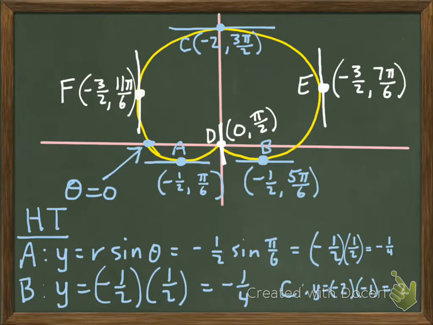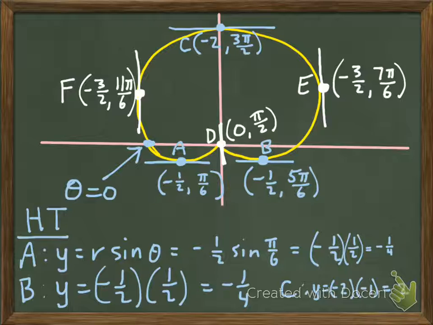When we go all the way over here to summarize, basically we see that when theta is equal to pi over 2, 7 pi over 6, and 11 pi over 6, we have vertical tangents. I labeled the vertical tangents by letters D, E, and F, and the horizontal tangents by the letters A, B, and C.